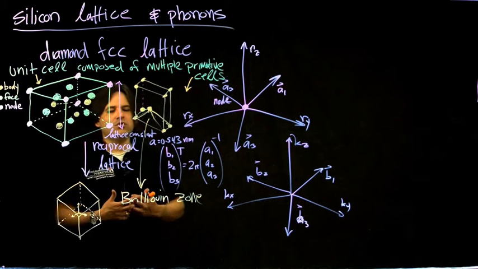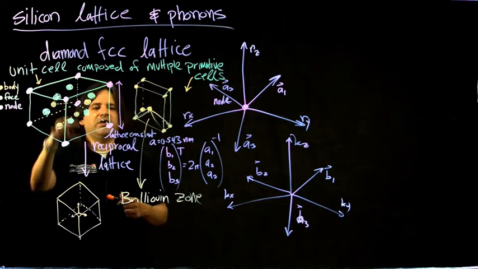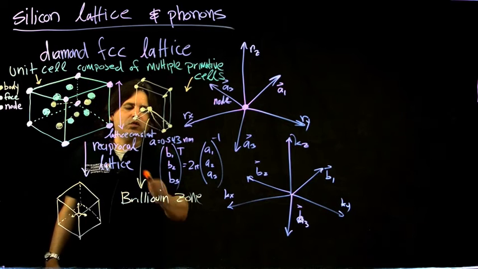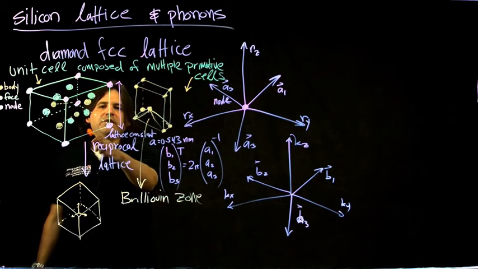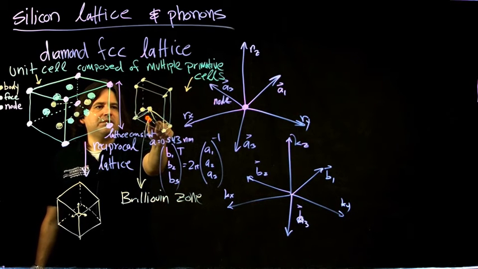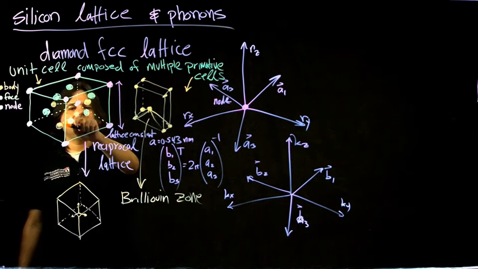The way that you keep track of what's happening inside this crystal is first to ask what's happening inside the Brillouin zone. And that has an actual connection to the real space, and what it is, it's the reciprocal space of the primitive cell. So a primitive cell is smaller than the unit cell.